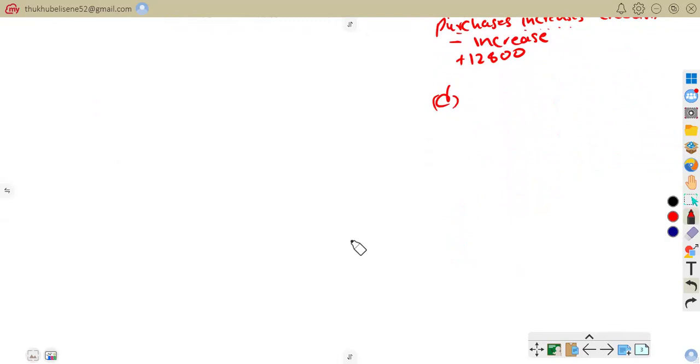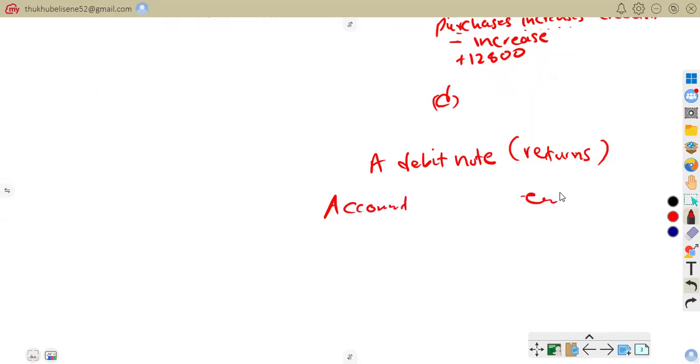We know very well that a debit note is a return to supplier. Once you're talking about the debit note, you know very well we're talking about the returns to supplier. Let's do it together so that we get to what was supposed to be done. So what we're supposed to have is an account and an entry.